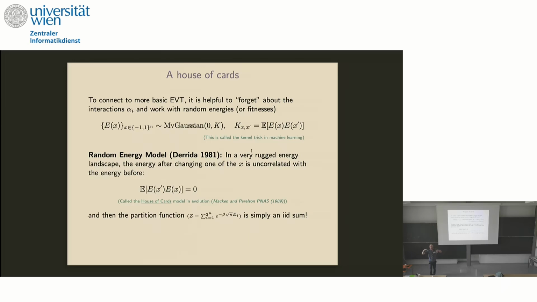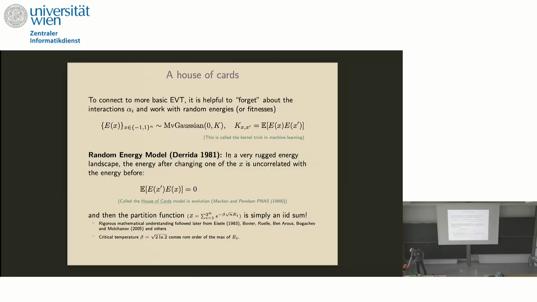And in the limit where that's super random, they're all uncorrelated, the partition function is just an IID sum, and we're all the way back to the beginning of the talk, where I'm just trying to figure out what happens in the limit to some IID sum. The same kinds of techniques that Gnedenko and Kolmogorov used to figure out those limit laws for IID sums you can apply to these sums, and that was work by Ben Arous and co-authors, and Bouchaud and Mézard, people who have connected these dots in the literature.